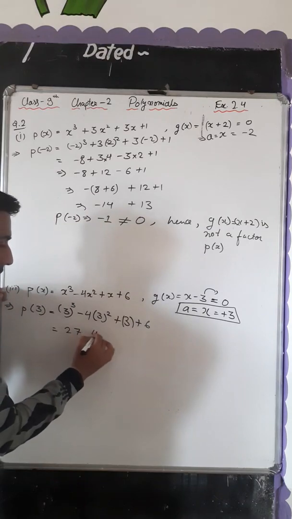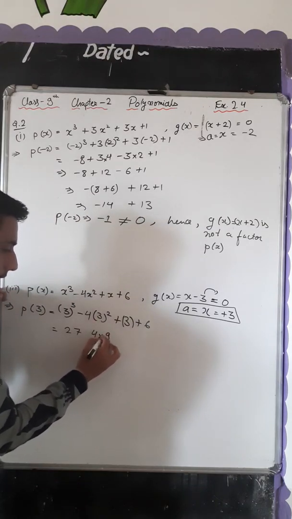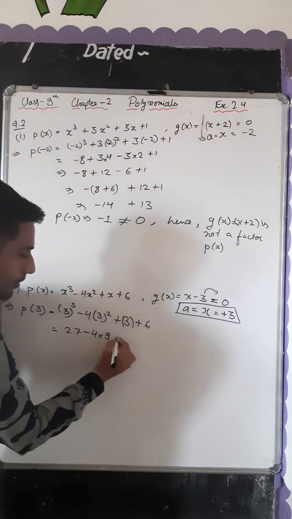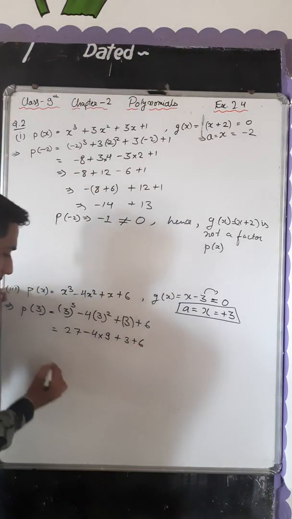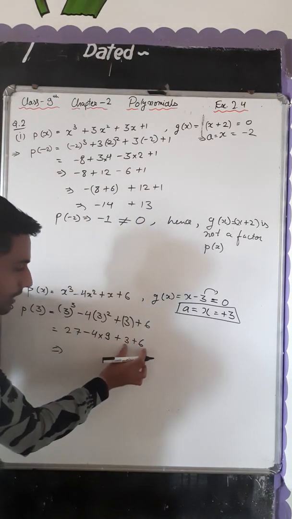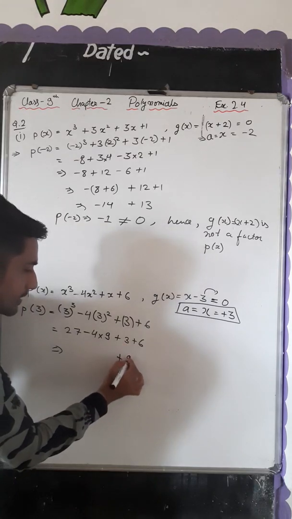Then 4 into 3 3s are 9, the sign is negative, plus 3 plus 6. This plus 3 and plus 6 will be plus 9.